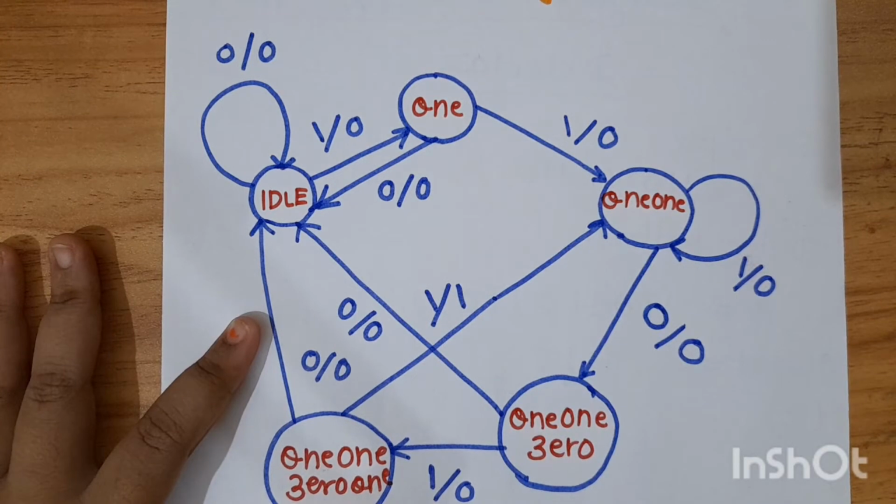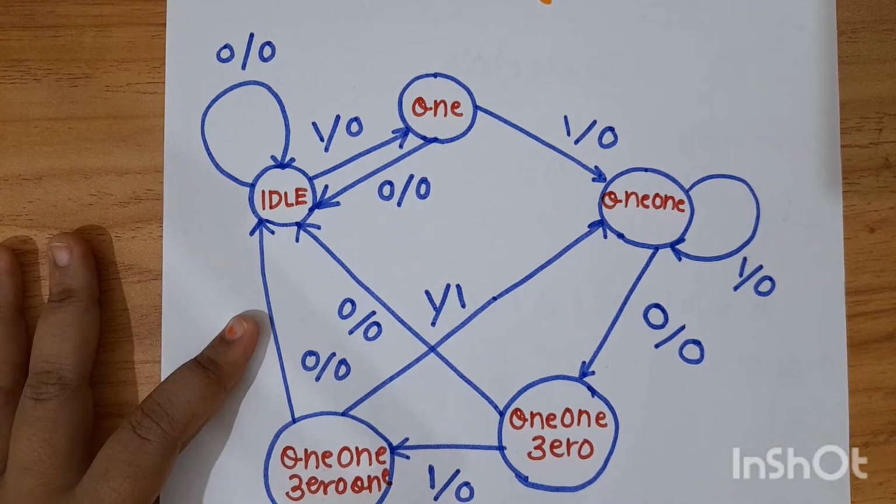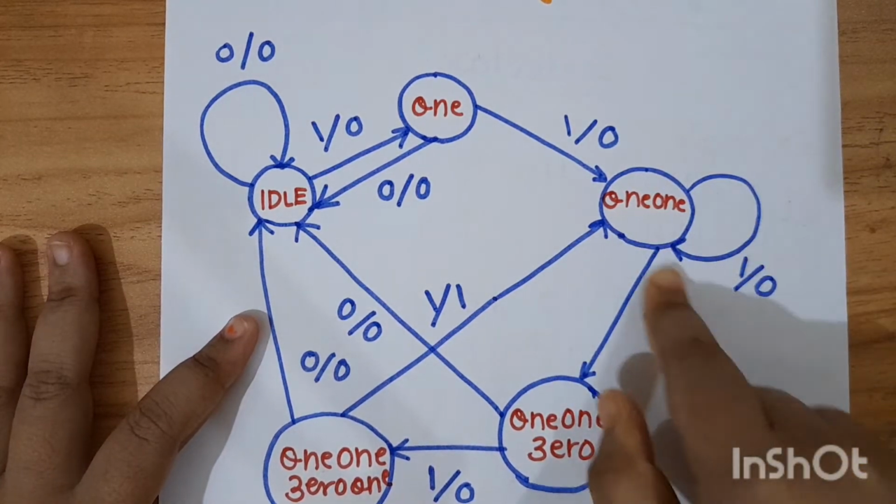But in the 11 state, if I get 1, then it becomes 3 consecutive 1s. I am still not going to the idle state, because in 3 consecutive 1s, the last 2 consecutive 1s can become the beginning of the next pattern of 11011 to be detected. So I remain in this 11 state itself.